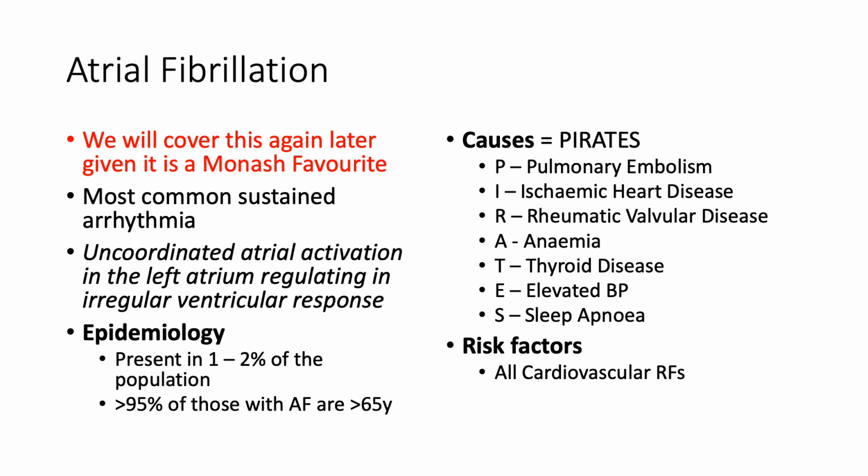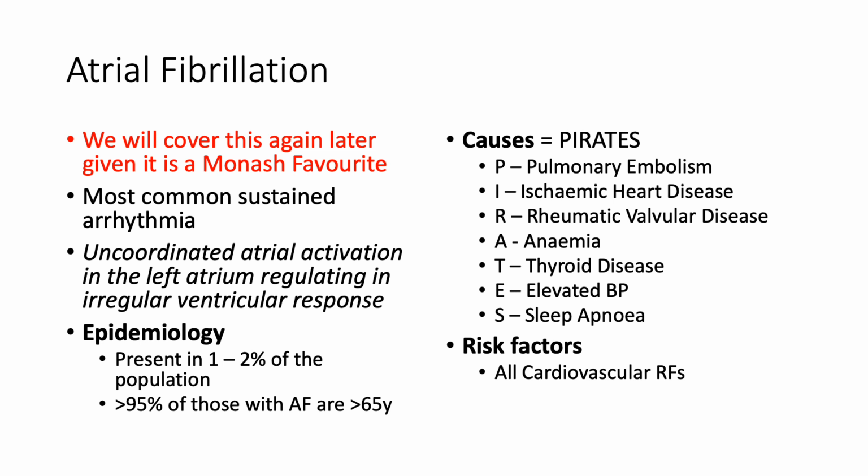It's present in 1 to 2% of the population, and 95% of the people with atrial fibrillation are older than 65. A good mnemonic for remembering the causes of atrial fibrillation is PIRATES. So you guys can read that there. Thyroid disease is a common one to know.